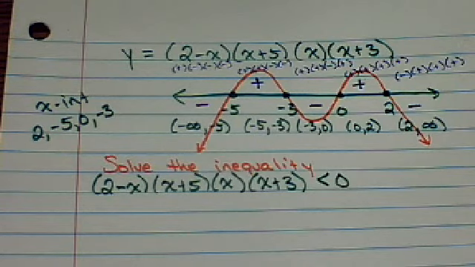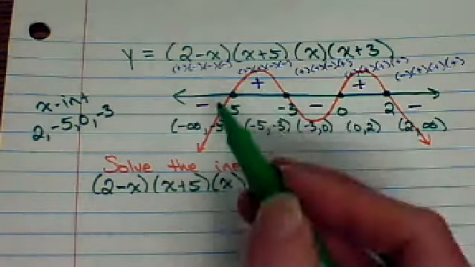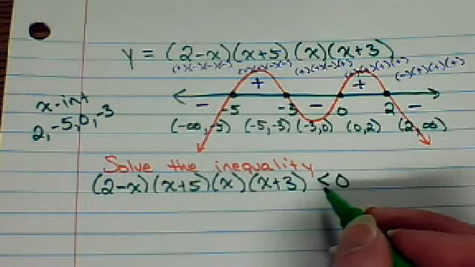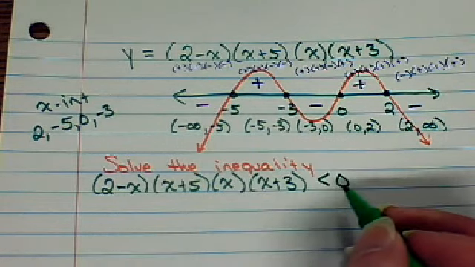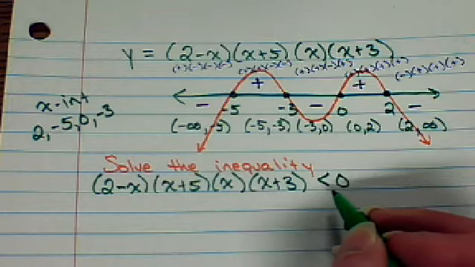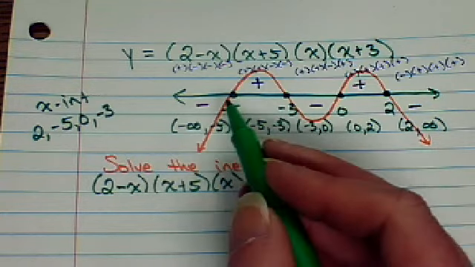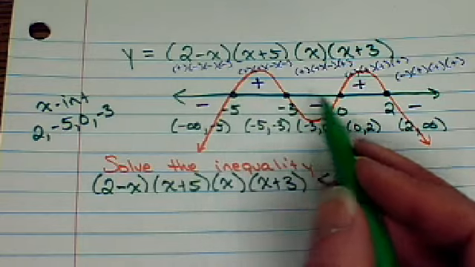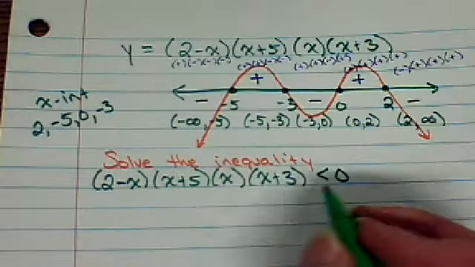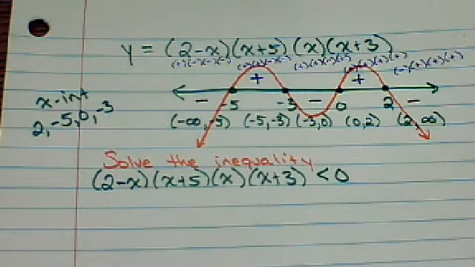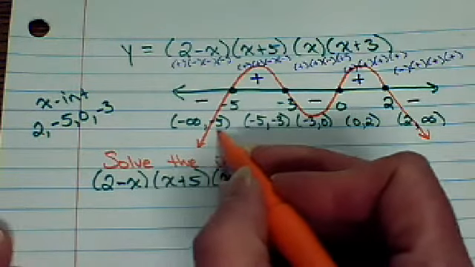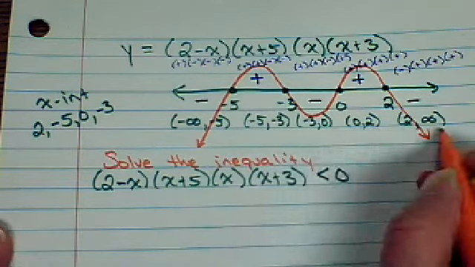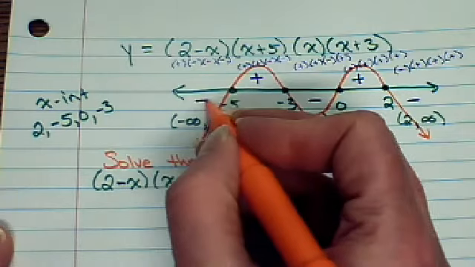So I'm going to look at the graph and find all of my negative pieces. Now, it says negative, but it doesn't say it includes 0. If it had said it includes 0, we would actually include our x-intercepts. Not including 0 would just mean we're looking for the intervals that give me a negative answer.